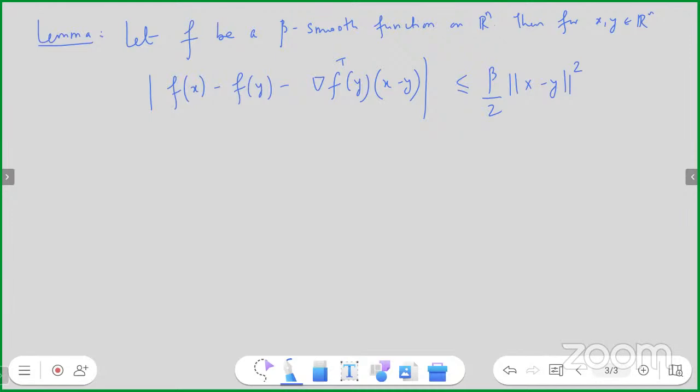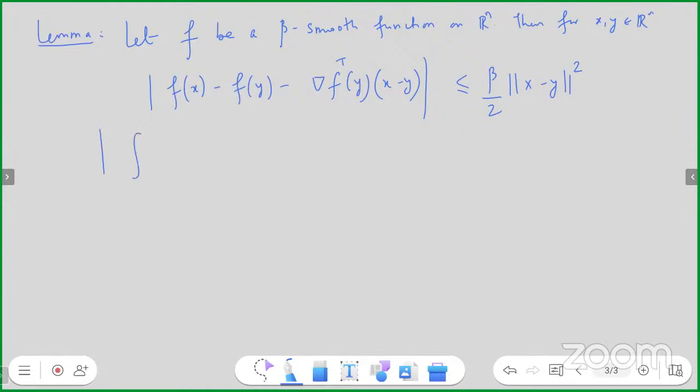So the integral, upper limit x, lower limit y, of gradient of f at x tilde dt. That is already in the gradient form, I don't have to worry about it. There are alternate ways in which to write it.